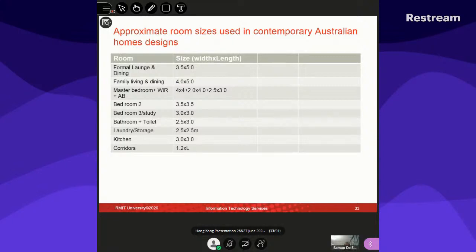Walk-in robe can be about 2x4, and then attached bathroom can be 2.5 times 3 kind of a thing. So it's a fairly large space. General bedrooms can be 3.5. Bedroom and studies 3.3. These sizes are kind of a range. You don't worry too much about exact values.